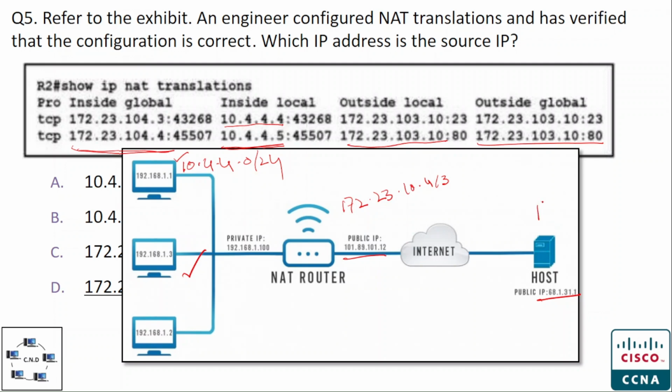This is again 172.23.103, and let's suppose this is a complete network of /24. So here we can see that this is the source IP address to this host, because the host sees this IP address. It does not see the original source IP address, that is 10.4.4, because this is a private IP address not routable on the internet, and it is translated to this inside global IP address. I hope this is understandable.